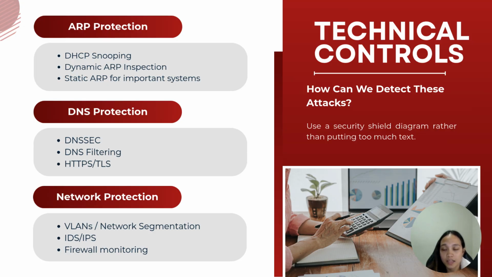HTTPS and TLS can protect sensitive information during communication, and network segmentation can limit the spread of an attack. IDS, IPS, and firewall monitoring can also detect suspicious activity. Using several controls together provides stronger protection.